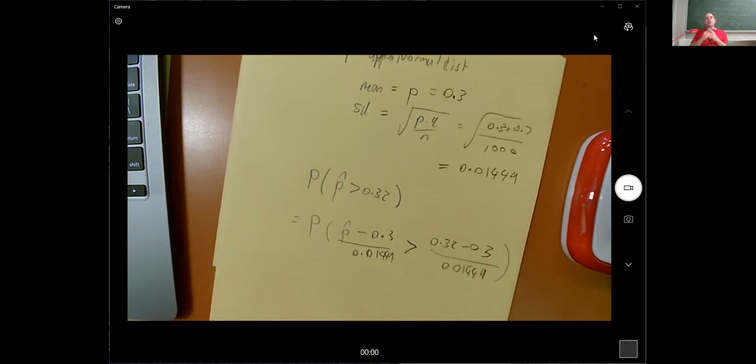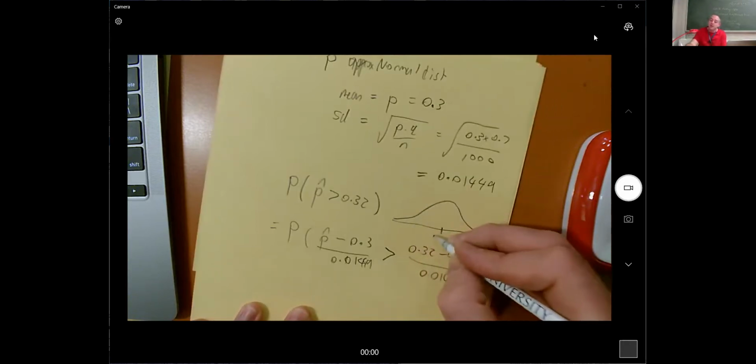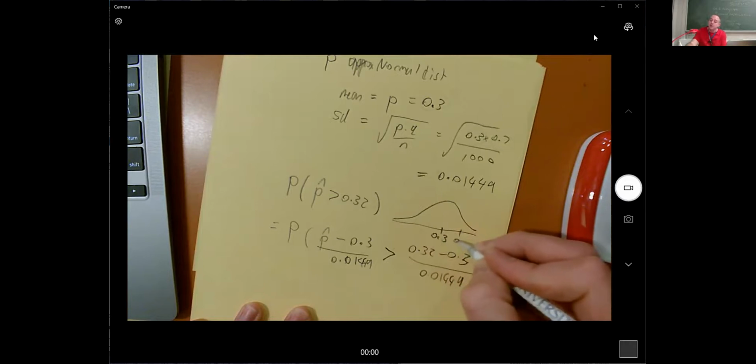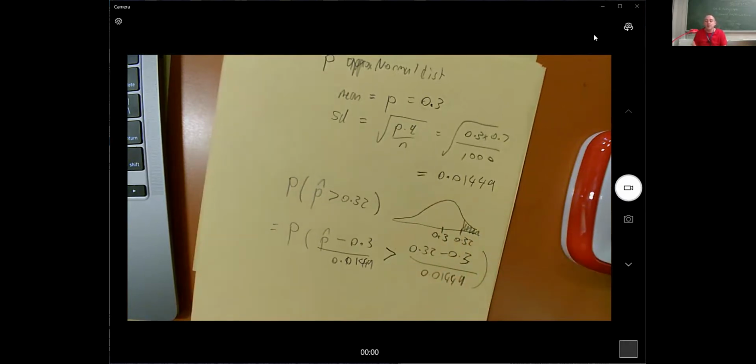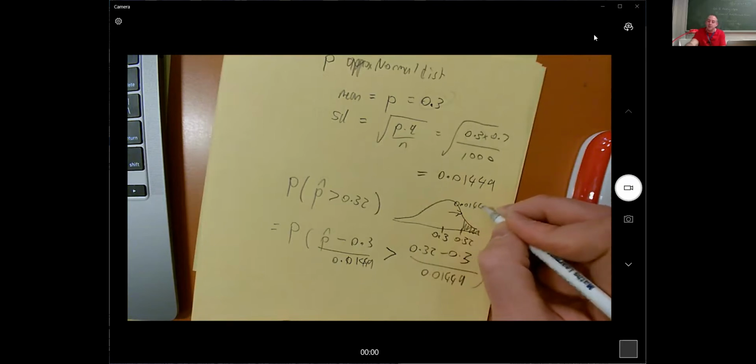So if I subtract the mean and divide by the standard deviation, that will produce a standard normal distribution. So this is the picture that I started with. It has an average of 0.3, and here's my 0.32, and I want to know what this probability here is. And I know that the standard deviation, how wide this is, is 0.01449.